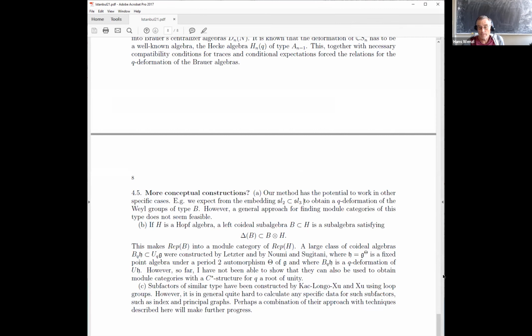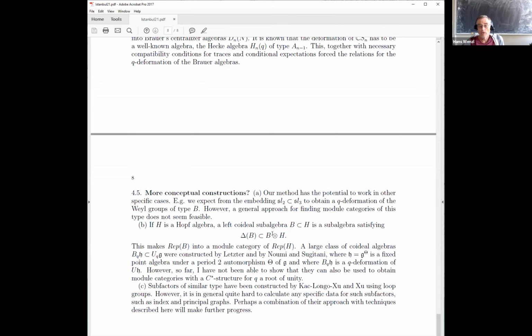Something which looked promising was the following. There's the concept of a co-ideal algebra. So if H is a Hopf algebra, a left co-ideal algebra is just a subalgebra B satisfying the fact that the coproduct ends up in B tensor H. So it is not a sub-Hopf algebra, because those are very hard to find and very hard to construct, but it's a co-ideal algebra.